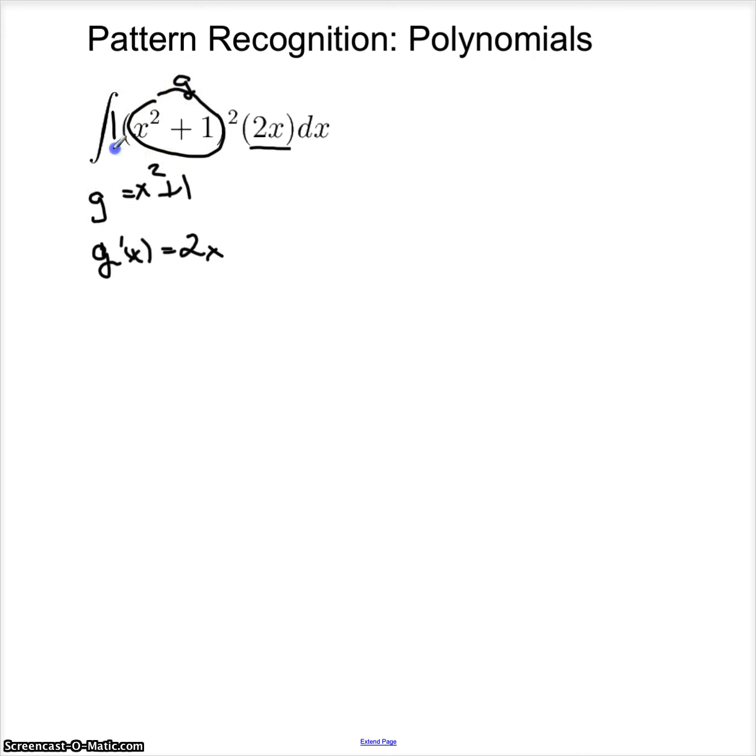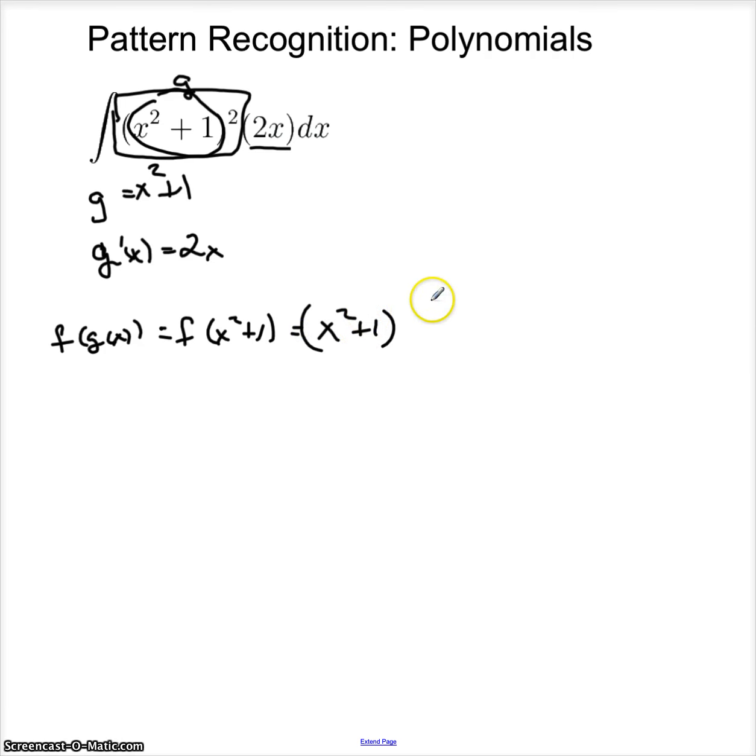So I'm going to let this x squared be my f. So f of g of x is f of x squared plus 1, which is, now my function is basically a squared function. So this is x squared plus 1 squared. All right. So I've got f of g of x and I've got g prime.